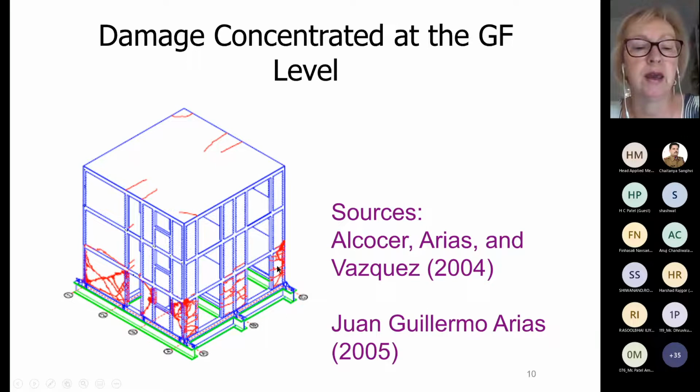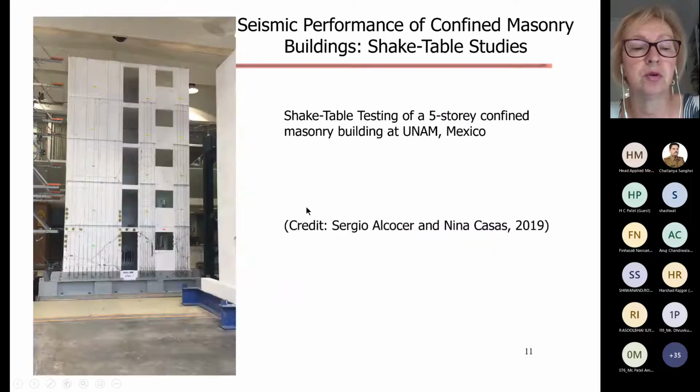And the other is out-of-plane damage, because the building was subjected to loading in one direction only, in the direction of these longer walls. And in the cross direction, this would be out-of-plane loading, and you can see some damage at the ground floor level as well, but more significant is in-plane.